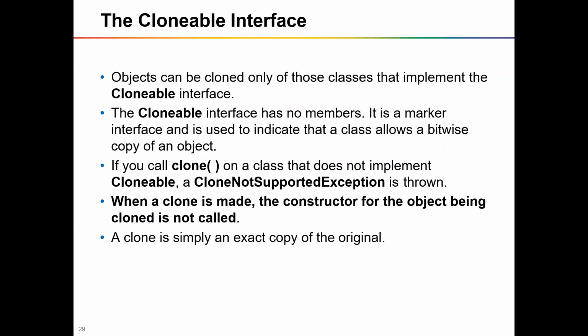Then only can you clone your object. Otherwise, a CloneNotSupportedException is thrown. Moreover, whenever you invoke the clone method, it is not going to invoke the constructor for creating the object. Instead, it will take a copy of an already existing object. So clone is simply an exact copy of the original object.